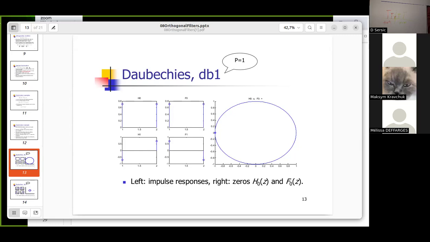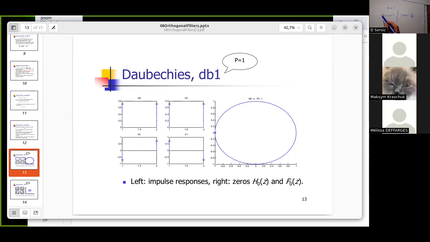Our simplest filter was exactly this. Put it right here. So P equals 1, and we split it in two parts, and each part was multiplied by 1 over square root of 2.